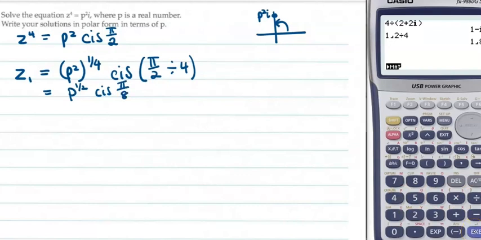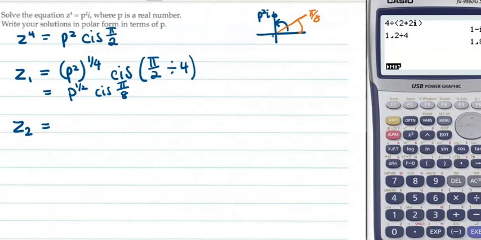Now we need 4 solutions because we have an equation to the power of 4. So the second solution, the easiest way I find to think about it is that when we've got solutions like this, they are evenly spaced around our Argand diagram. So if the first solution was at pi by 8, then the next one will be a quarter of a circle around from there.